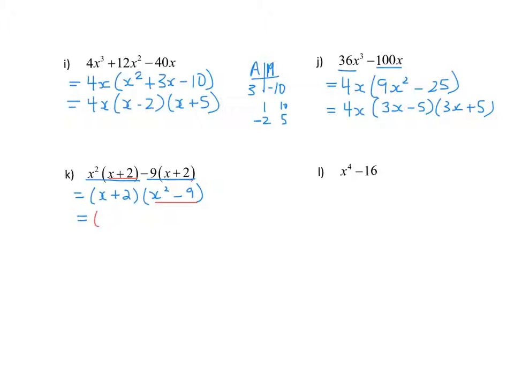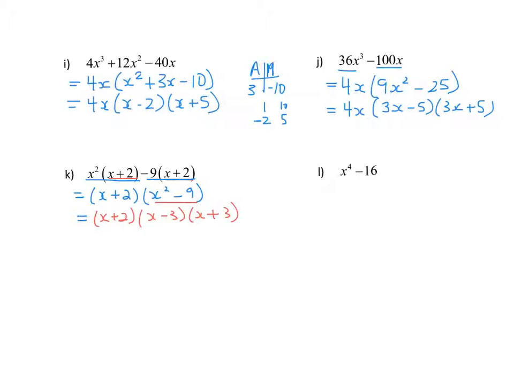So this gets to be factored again. The x plus 2 just goes along for the ride. I can't do anything more with that, but the x squared minus 9 becomes x minus 3 and an x plus 3. I'm square rooting the first, square rooting the last, make one a plus, make one a minus, so the middles will cancel out.